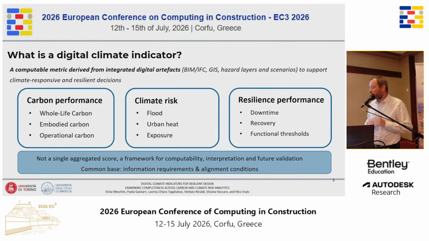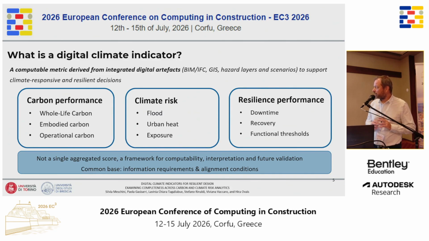So that's why we define the digital climate indicator. Basically, a digital climate indicator is a computable metric derived from integrated digital artifacts, for example, BIM, IFC, GIS, and so on, in order to support climate-responsive and resilient decisions.